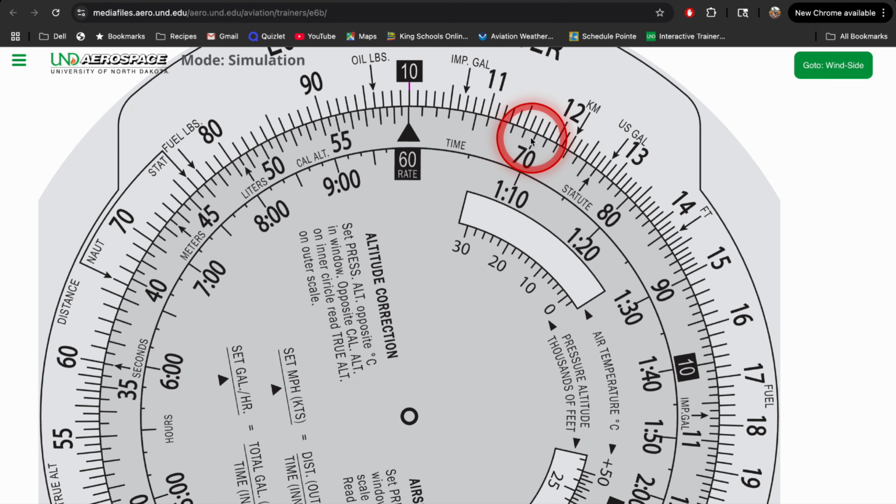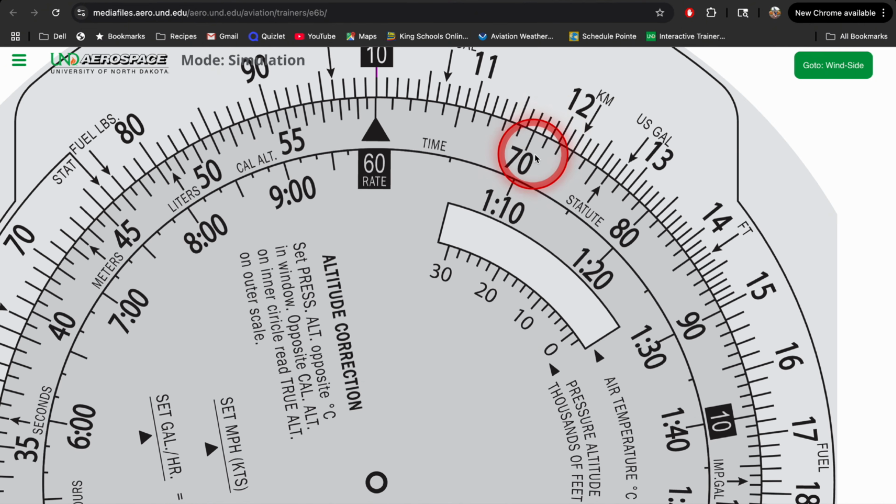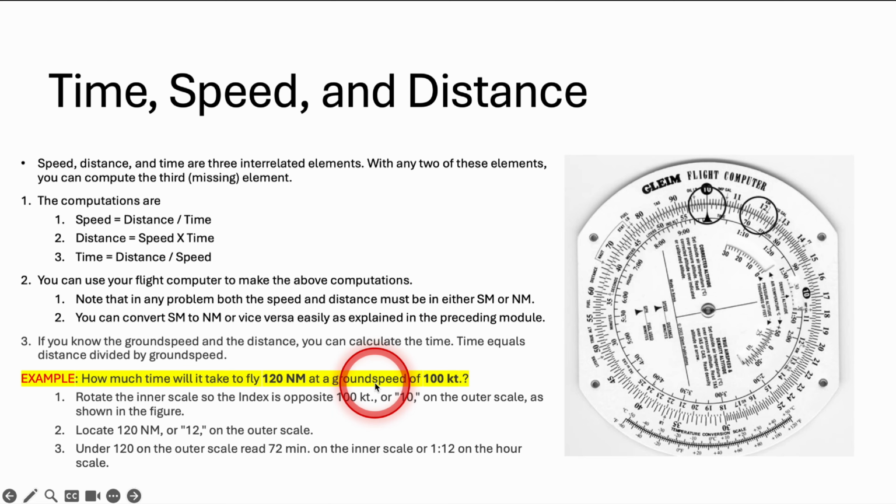Opposite to that, here's 70 minutes, 71 minutes, 72 minutes. Here's 70. If you go further in from there, it says 110. That's just 1 hour, 10 minutes, which is what 70 minutes is. So it's going to take us 1 hour and 12 minutes to travel that distance. There you go, 72 minutes, 1 hour, 12 minutes if we're going 100 knots.